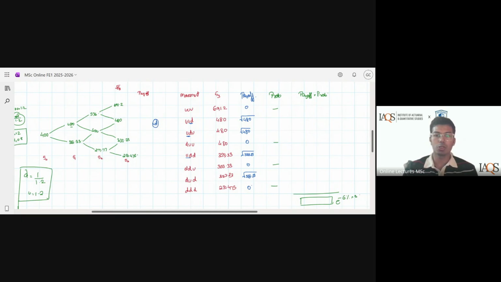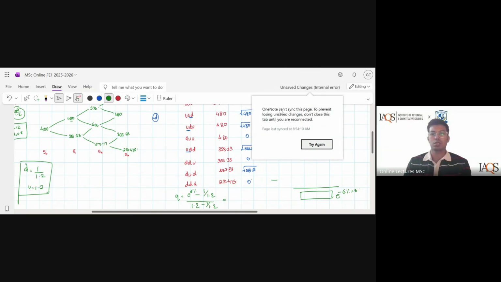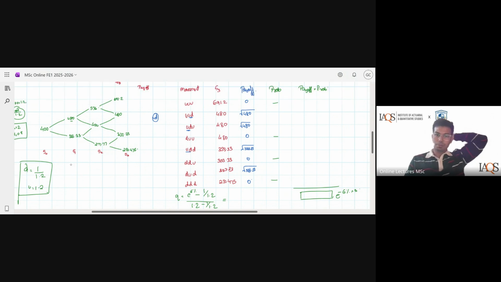Let me know what is the value of Q also that is calculated. Perfect. 0.6231.